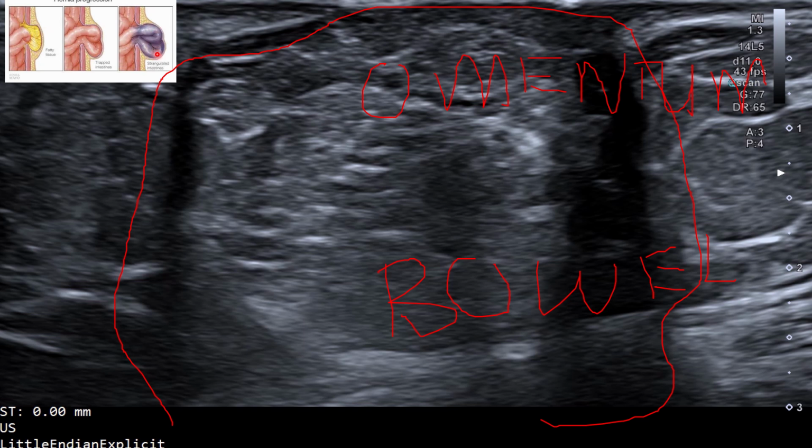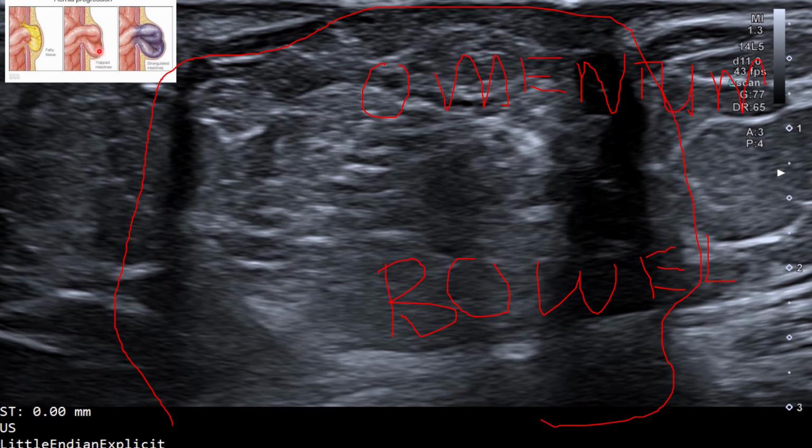You can see there's ischemia there, and the intestines are now strangulated. So a strangulated hernia is one where the blood supply is compromised, and the bowels will die after they are trapped like that.